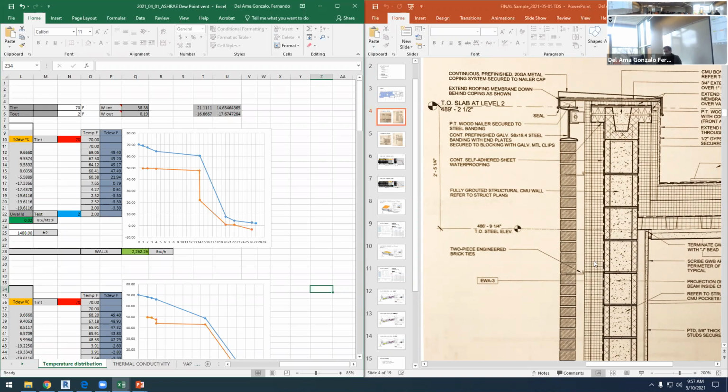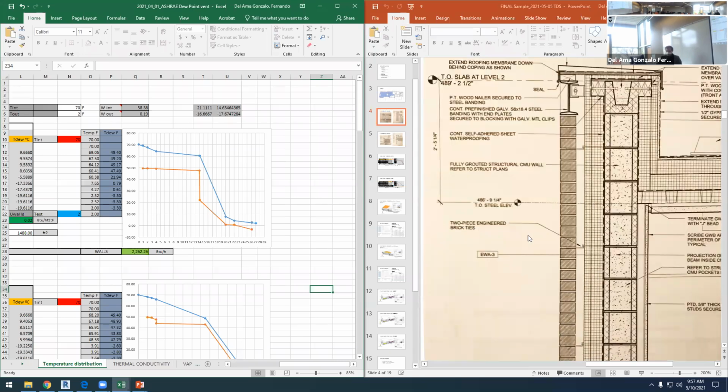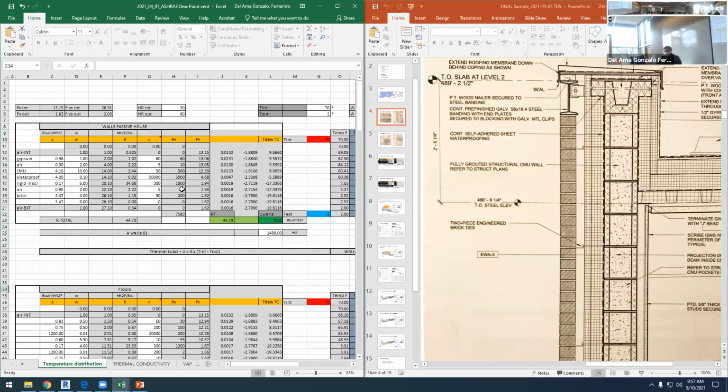As a rule of thumb, I told you that in cold countries, having something that has a high vapor resistivity inside the thermal insulation, it always works well.